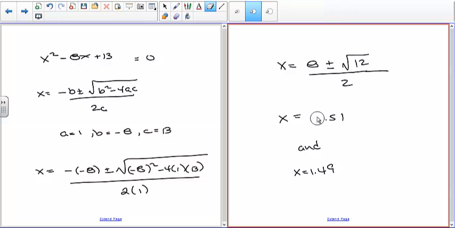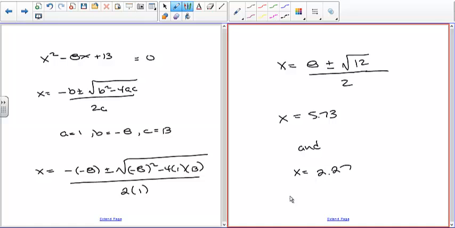Okay, so I fix those as well. So you have 8 plus the square root of 12 divided by 2, 5.73. And 8 minus the square root of 12 divided by 2. There we go, 2.27. Okay, so let's go back to the graph again.